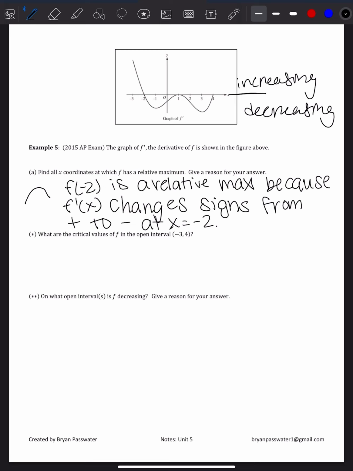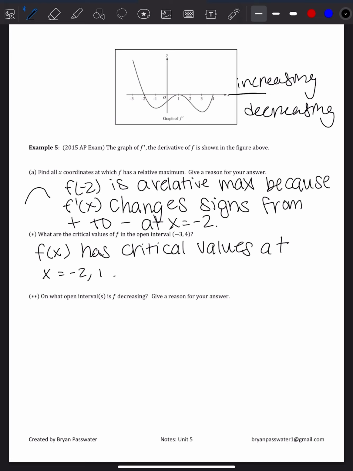So our critical values are at negative 2, 1, and 4, but we need to remember we're on the open interval. So we are not looking at 4, we're looking near 4. So x equals negative 2 and 1. It doesn't say why, but it's because f prime of x equals 0.